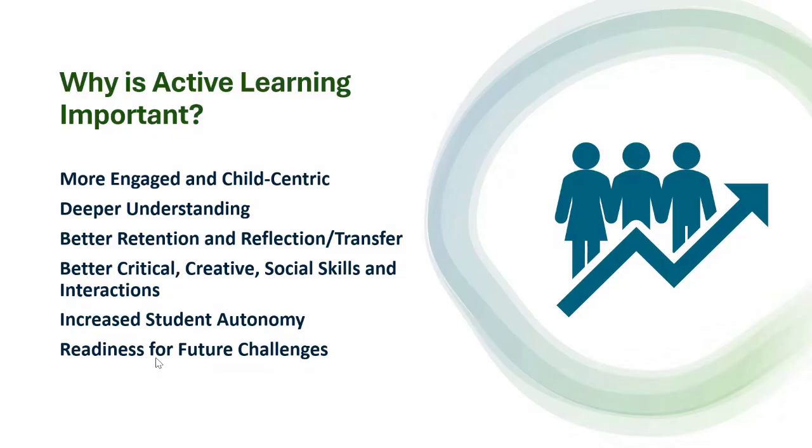Now the question arises, why is active learning important? It is more engaged and child-centric. It provides deeper understanding to the children. It helps in better retention and reflection. Let me tell you, reflection is also called transfer of knowledge.